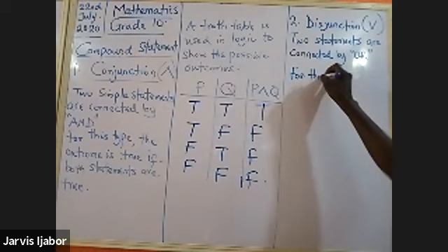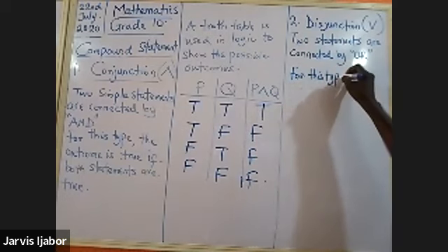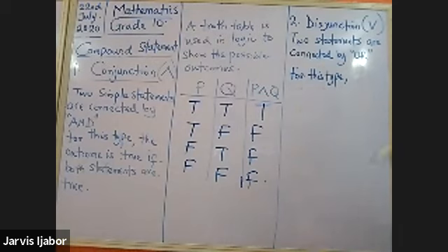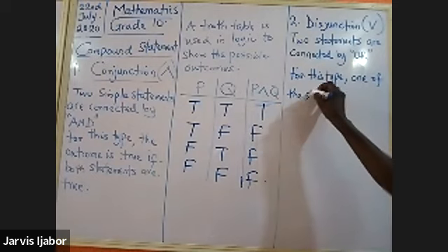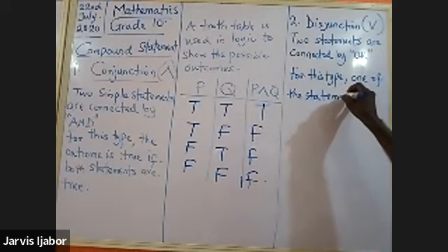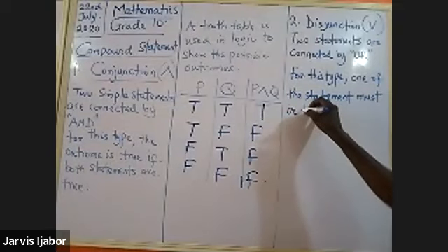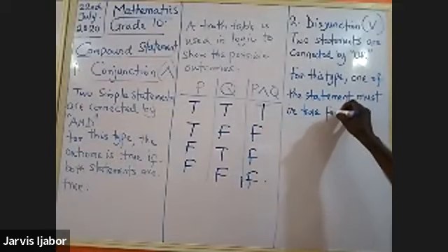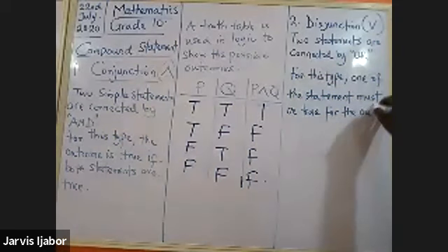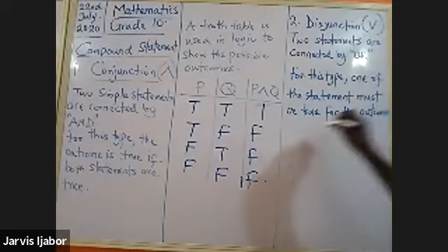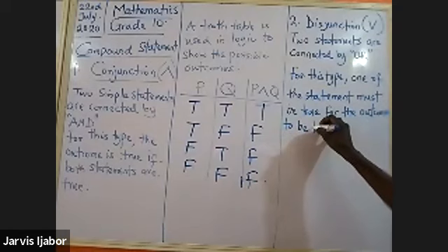For this type, one of the statements must be true for the outcome to be true.